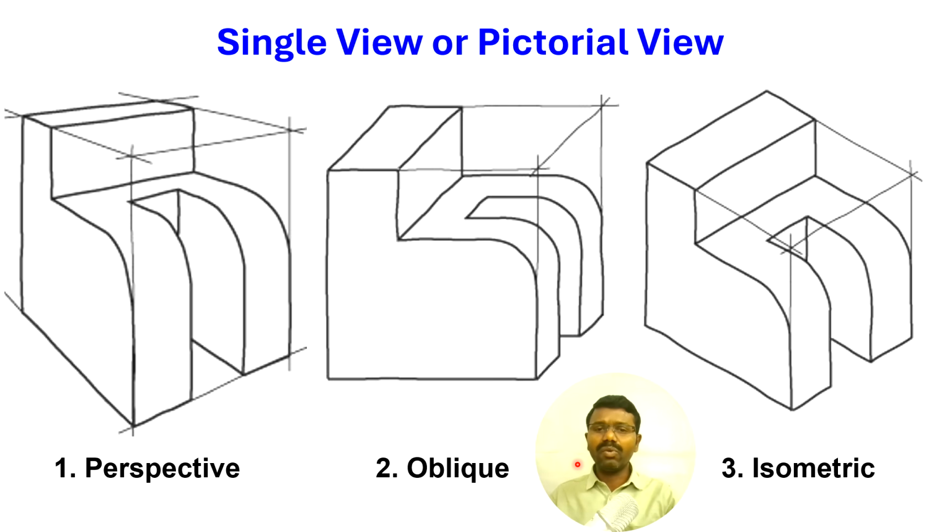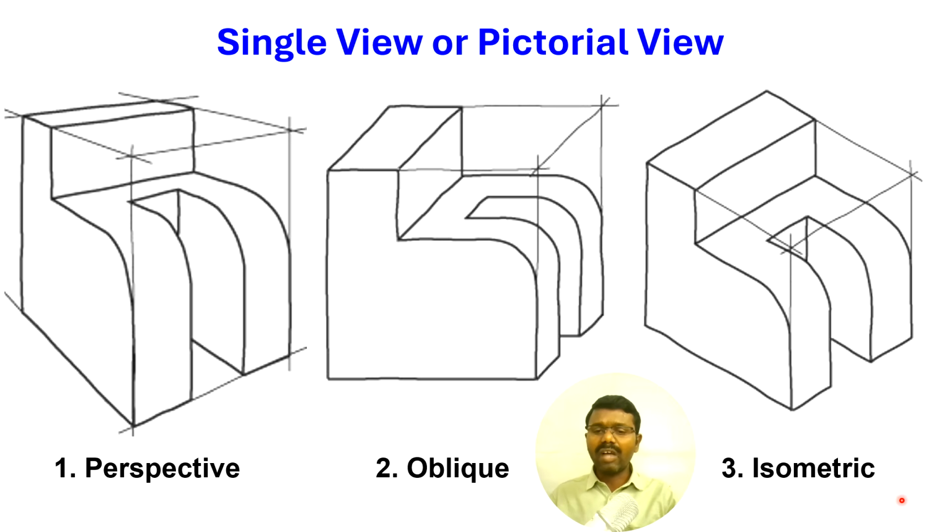This oblique view is very easy to draw compared with the perspective view, but it is not realistic. Also, the deformed planes of the oblique view will actually confuse the observer in understanding the object. That is why these oblique views or projections are not in use.